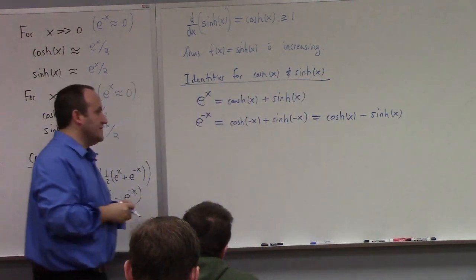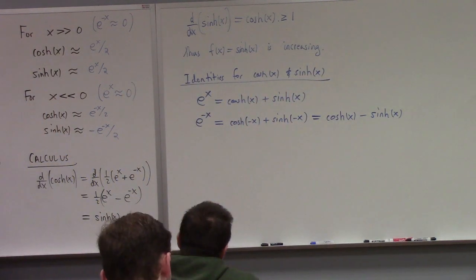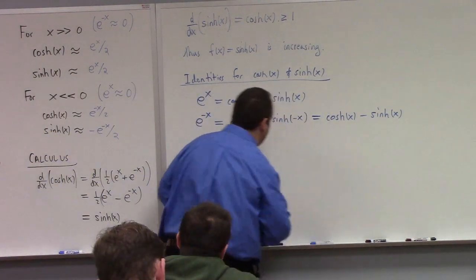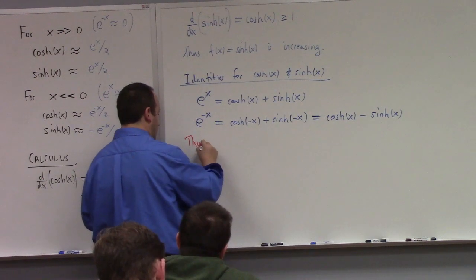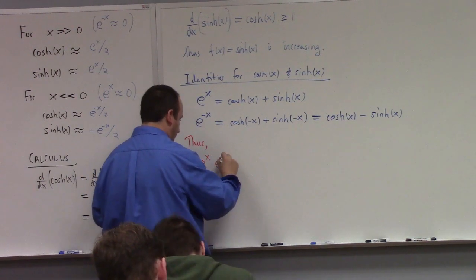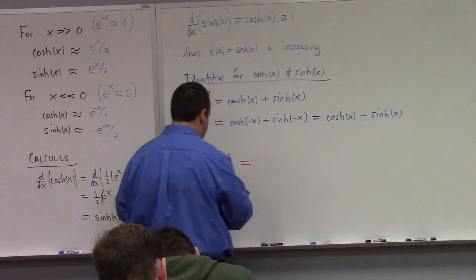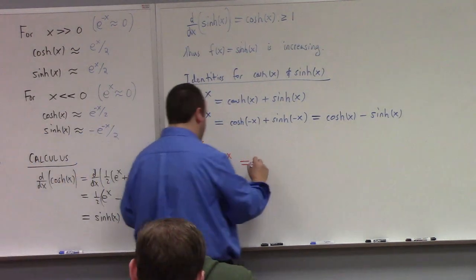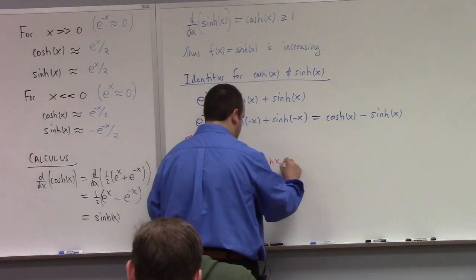How are e to the x and e to the minus x related? What happens if I multiply them? So, of course, we can write that's cosh x plus sinh x, right?